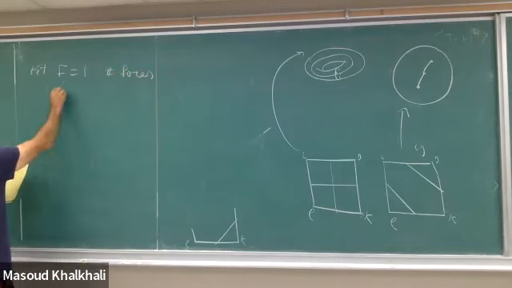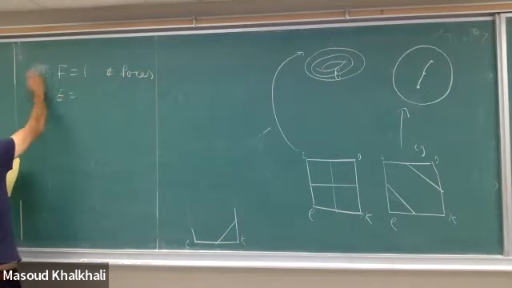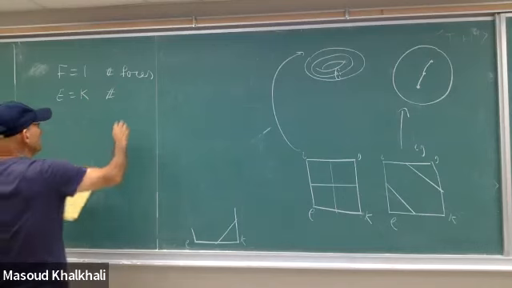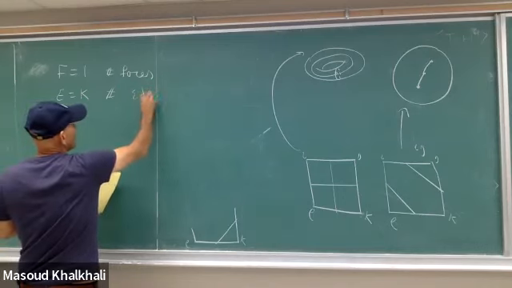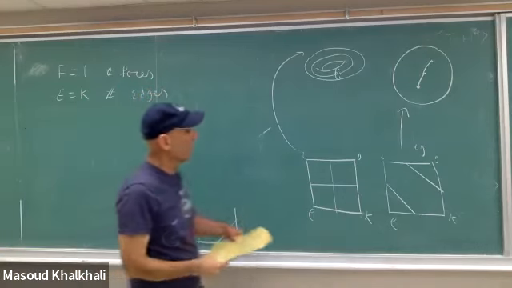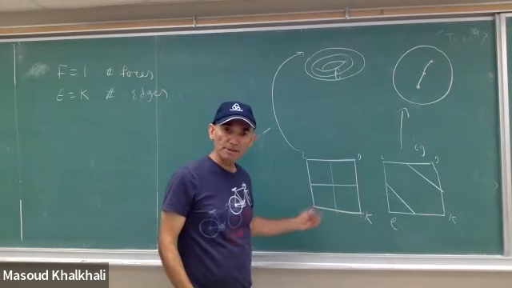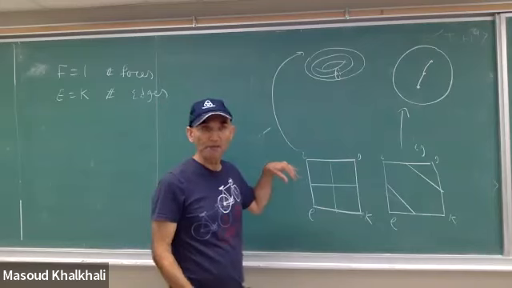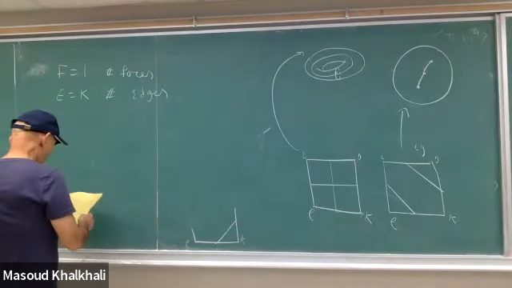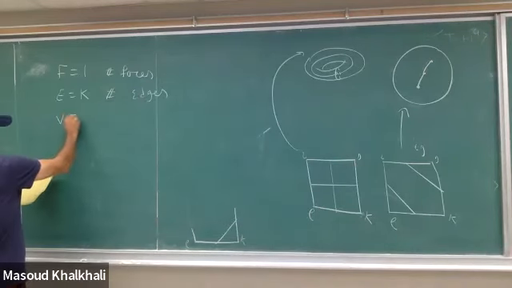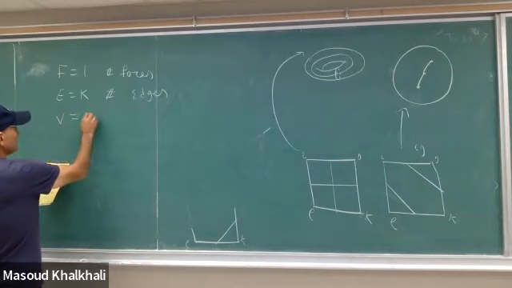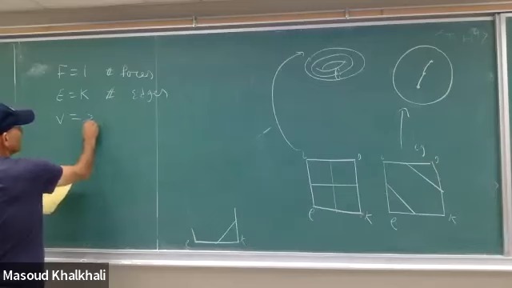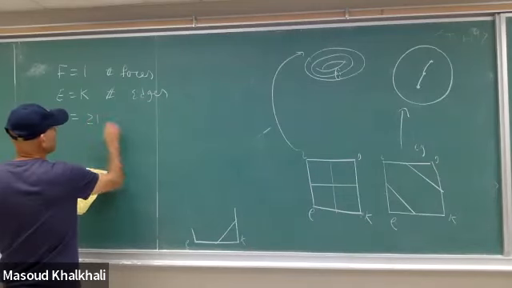And then E equals K, this is the number of edges. The reason is that we have 2K edges and you identify them two by two, so you just end up with K edges on the surface. And V is some number, which is the number of vertices.